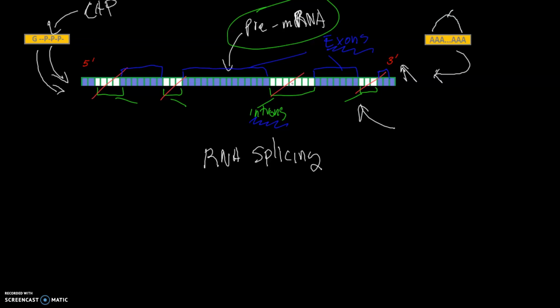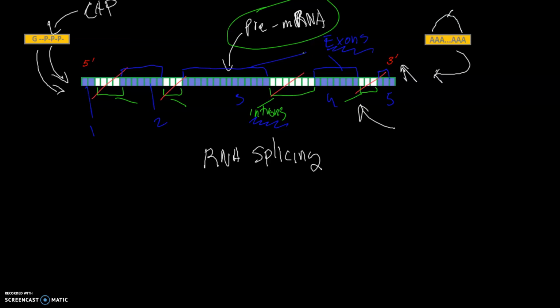So here we have several different segments of exons, right? So one here, 1, 2, 3, 4. So we have 5 different segments of exons. And what's interesting here is that these exons can be spliced in different ways.